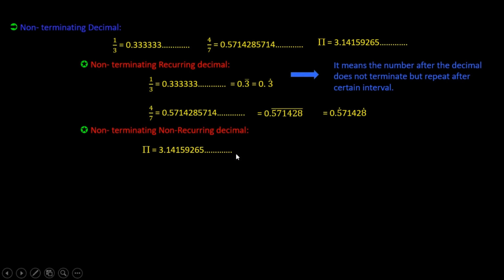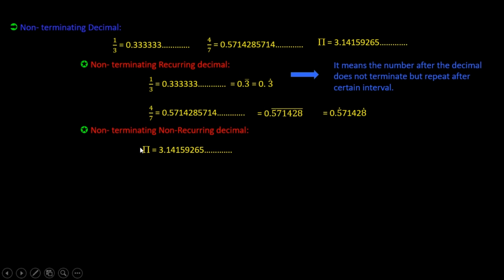For a non-recurring decimal, we cannot change it into fraction form, p by q form. So this type of decimals are not rational numbers. A non-terminating but recurring decimal we can write in fraction form, p by q form, so those are rational numbers.